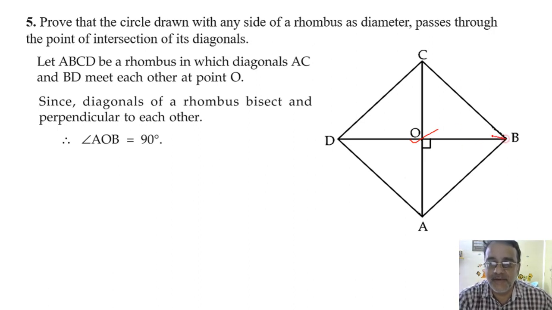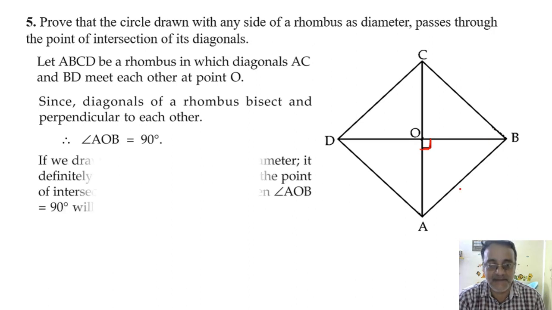There is only one circle which passes through 3 non-collinear points. No, that is not the reason. The reason is that the angle in a semicircle is 90 degrees. If we draw a circle with AB as diameter, we get a semicircle here.